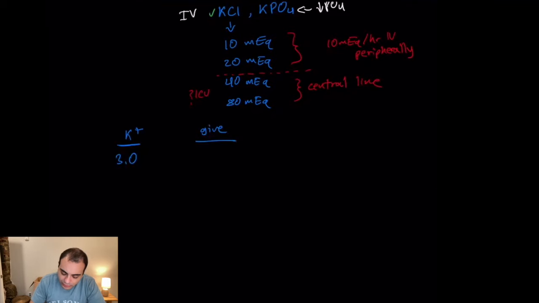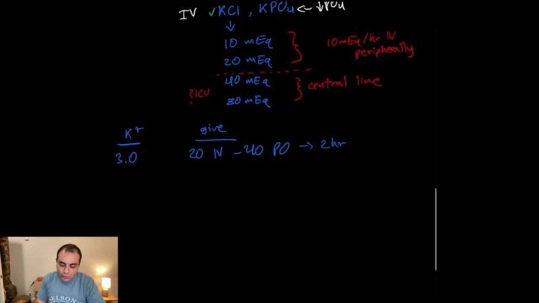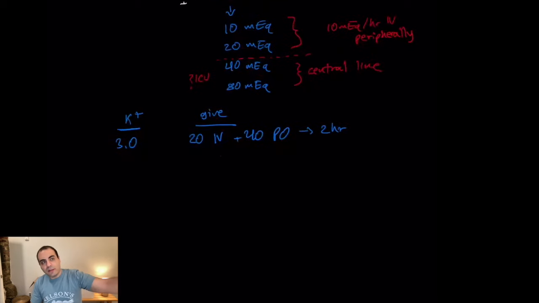So I would give like 20 milliequivalent IV, plus I would give like 40 PO. And this whole process is gonna take about 2 hours, right? Because remember, you give 10 milliequivalent per hour, so 20 will take 2 hours, the PO is just PO, okay?